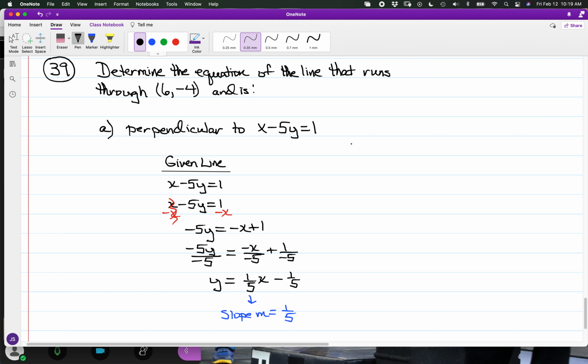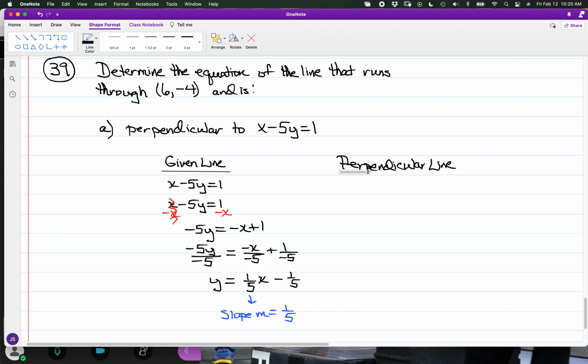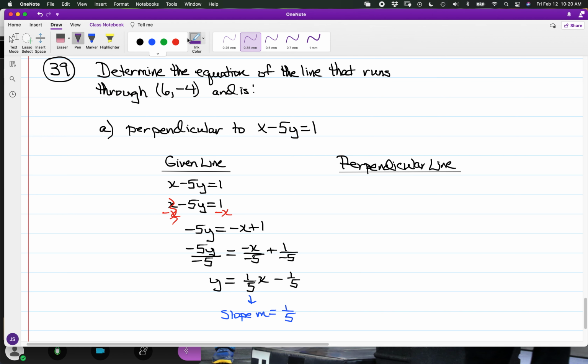Now, for the perpendicular, again, perpendicular lines will have opposite sign reciprocal slope values, not additive inverse, but opposite sign reciprocal values.